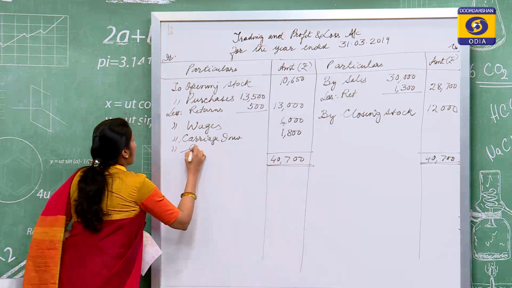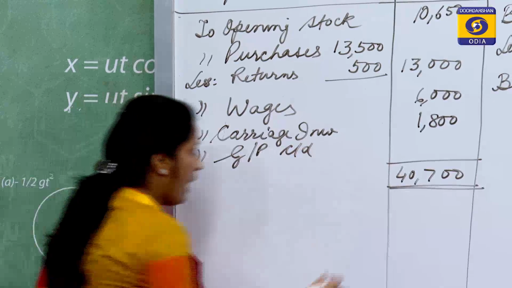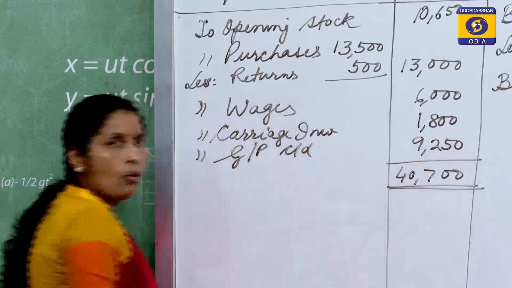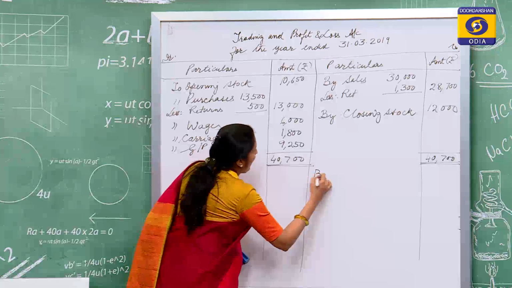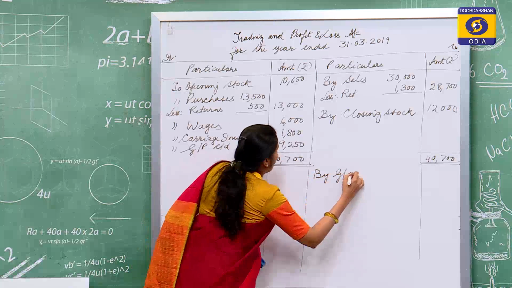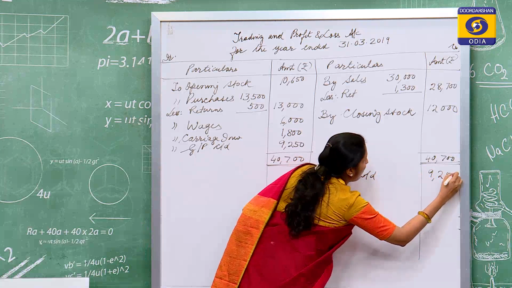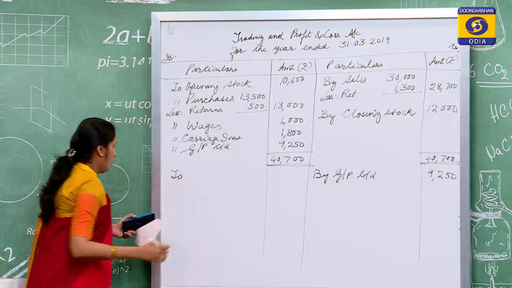So we have a gross profit carried down, and that will be 9,250. Now let's bring down this by gross profit brought down is 9,250.